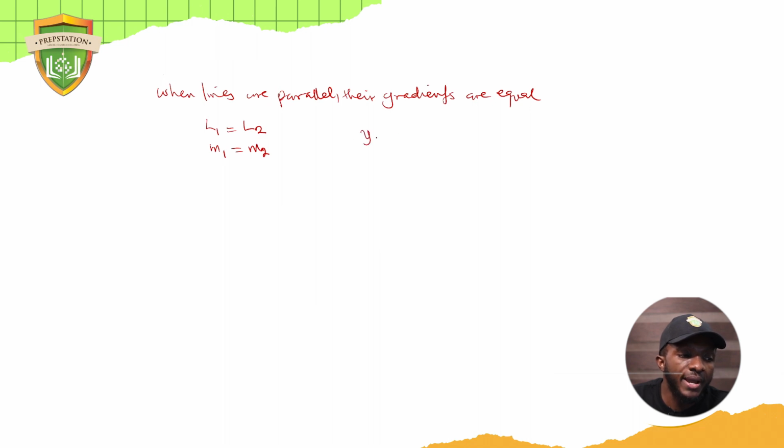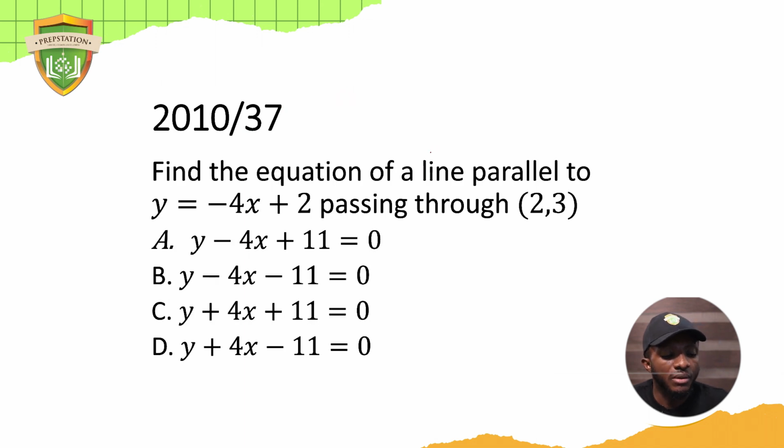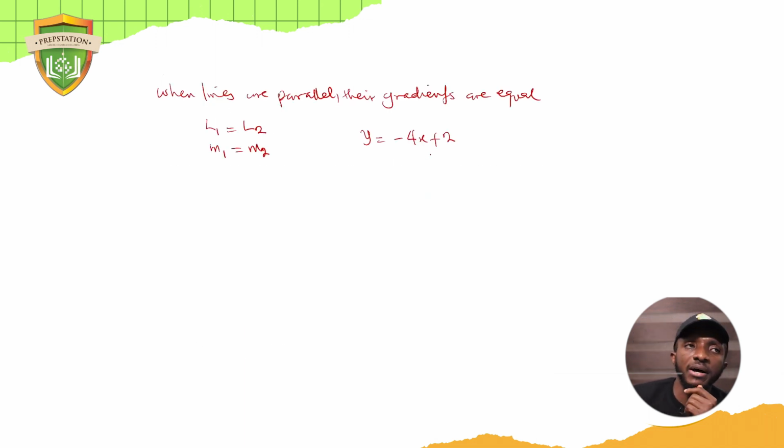So y equals minus 4x plus 2. Now the line is parallel to this line. That's quite simple. If you look at your equation of a straight line, it looks like this: y equals mx plus c, where m stands for gradient and c stands for the intercept on the y-axis.